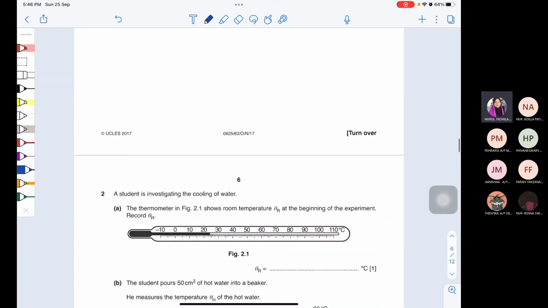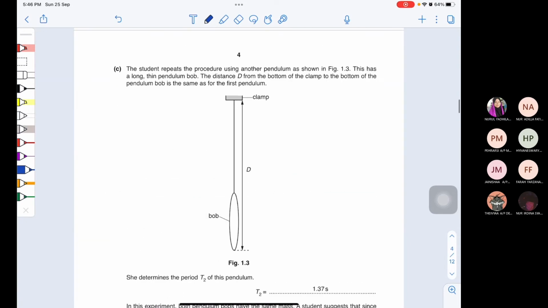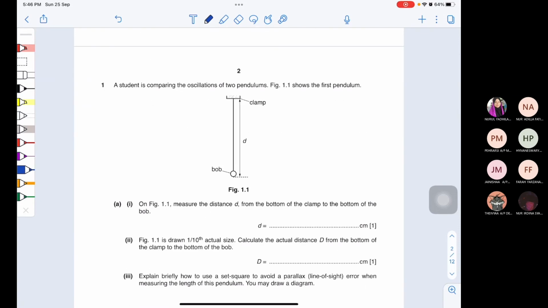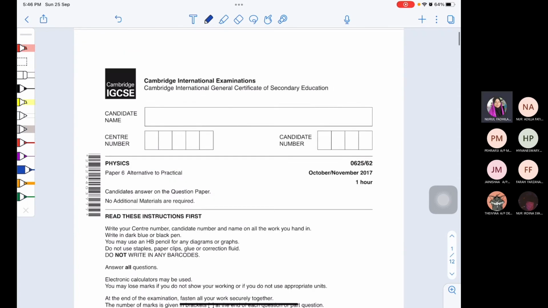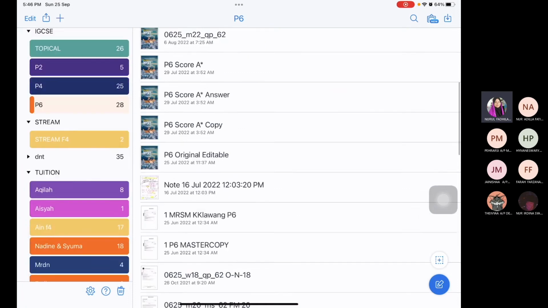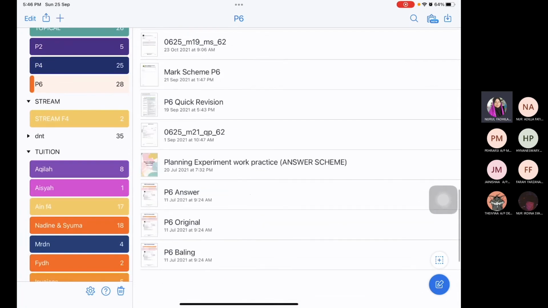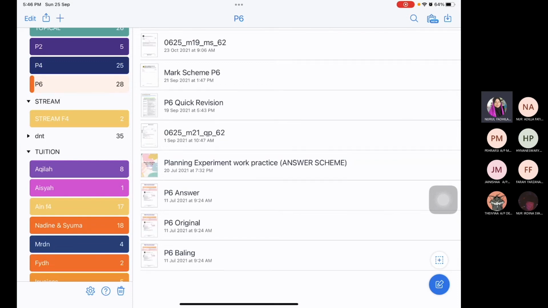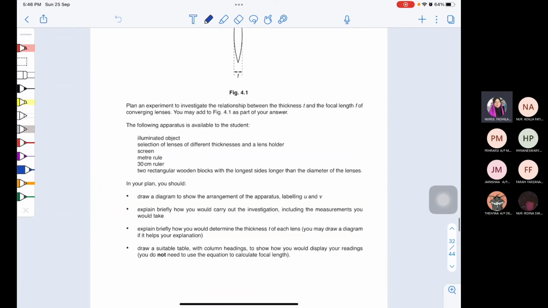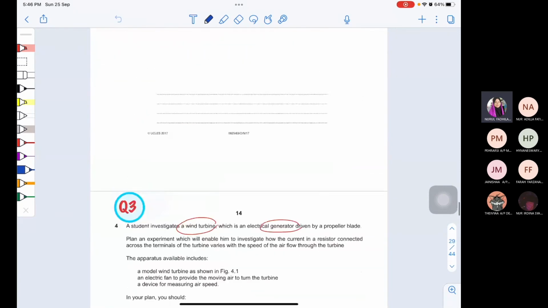Okay, alright, done. Any question? Paper 2. I can give you this one, in case a student worries that they don't know how to do it. We have example questions, about 5 years ago.